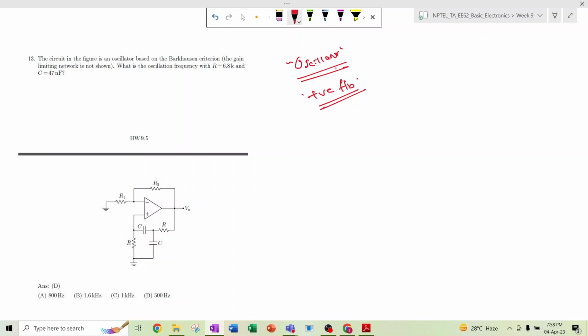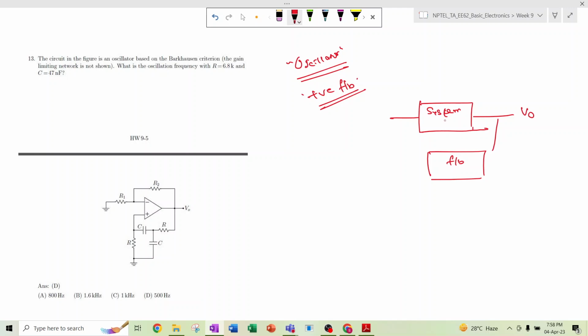Suppose there is a system. So this is a system, and this is some input, and this is going to some output VO, and a certain part of it is known as feedback.